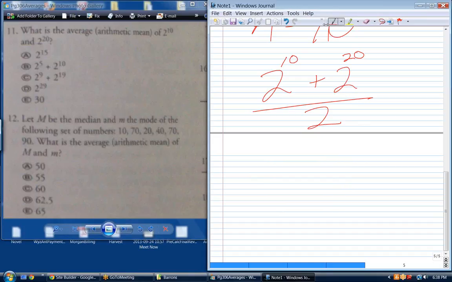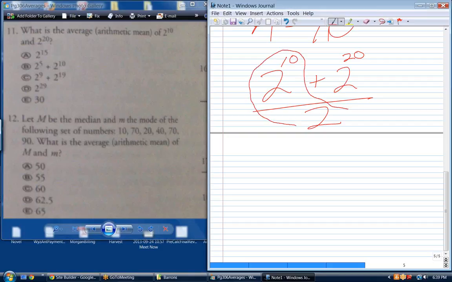Now we have to pull a little algebra magic out. I'm not sure. Okay. I can split this into two fractions.